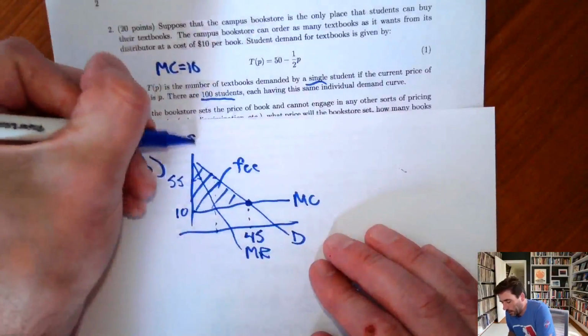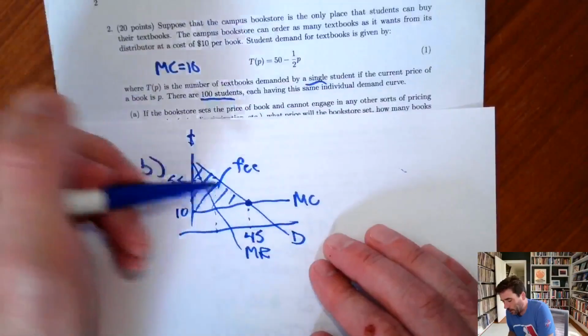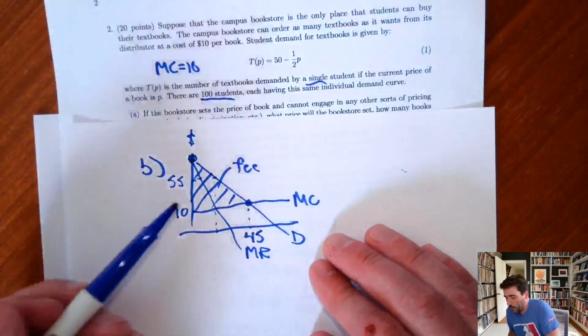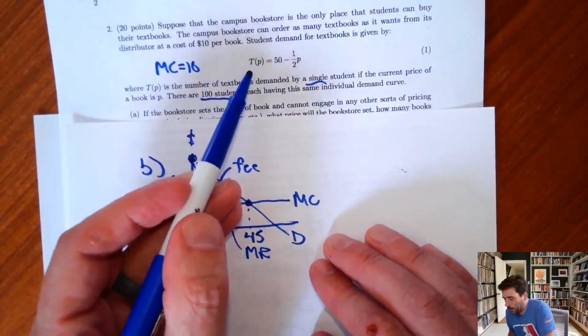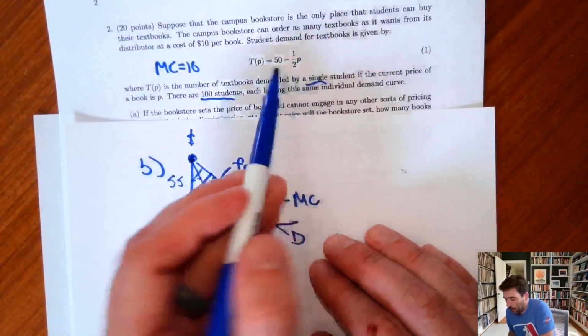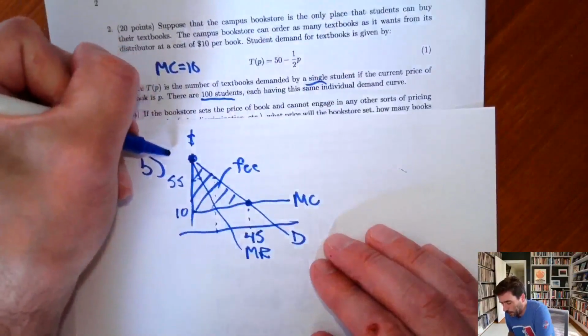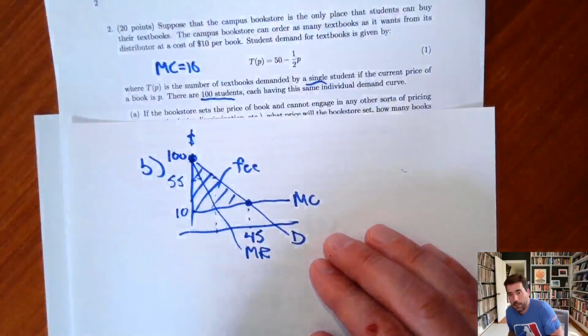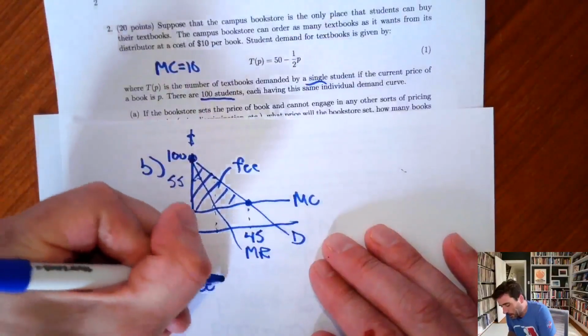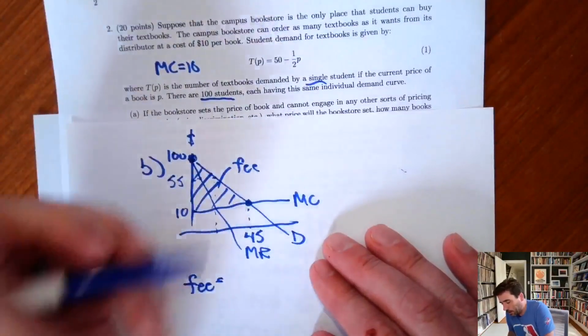So the other thing I need to know, though, to figure out this triangle is what this vertical intercept is here, right? Well, that's the price at which demand hits 0, so that's going to be 100, right? 100 divided by 2 gives you 50, so 50 minus 50. So that's 100 up there.